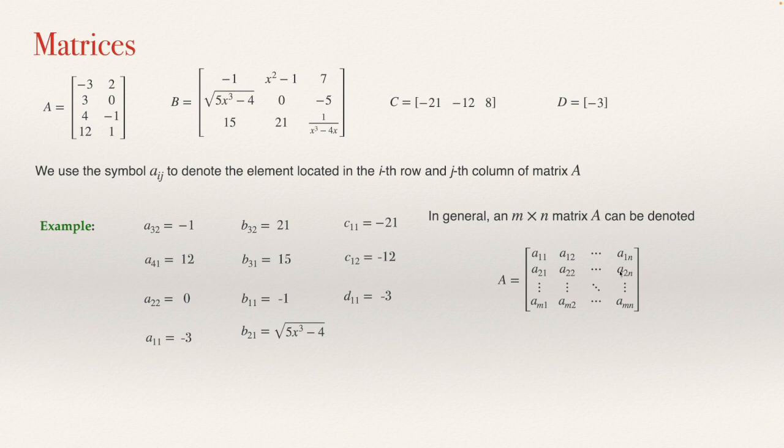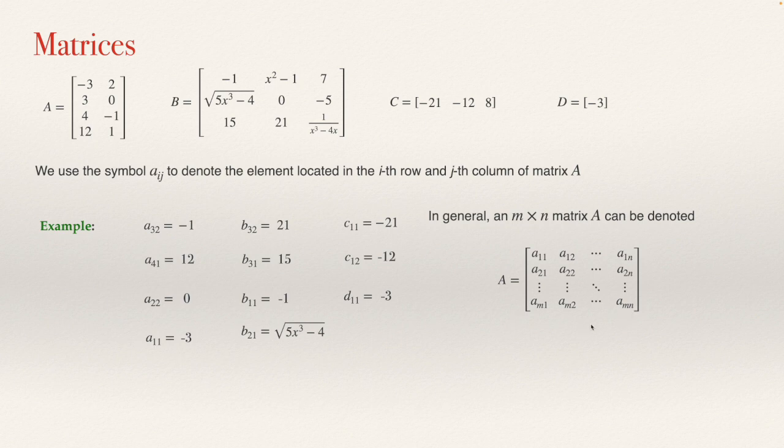The second element of this column will be A sub 2n. And the last element of the matrix, in the last row, last column, will be A sub mn. Again, m is the number of rows and n is the number of columns. Okay, so that is the way that we represent a matrix.